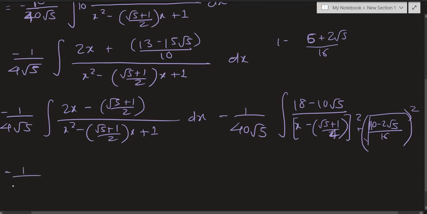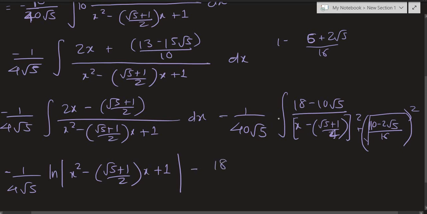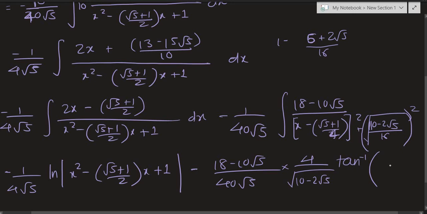So we have a negative 1 over 4 root 5 times, now we can write this as the natural log of absolute value x squared minus root 5 plus 1 by 2x plus 1 minus, we can write this as 18 minus 10 root 5 divided by 40 root 5 times, when you invert this, 4 over square root of 10 minus 2 root 5 times the inverse tangent of, taking a common denominator, we have 4x minus root 5 minus 1 divided by square root of 10 minus 2 root 5.